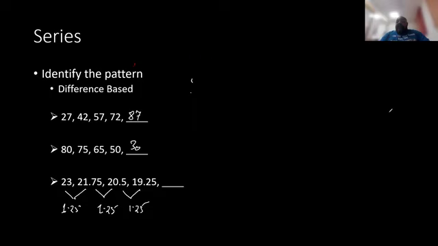The only thing is the difference isn't an integral value, right? And therefore, I will continue with this difference and subtract 1.25 from 19.25. 19 minus 1 is 18, so the answer here becomes 18.